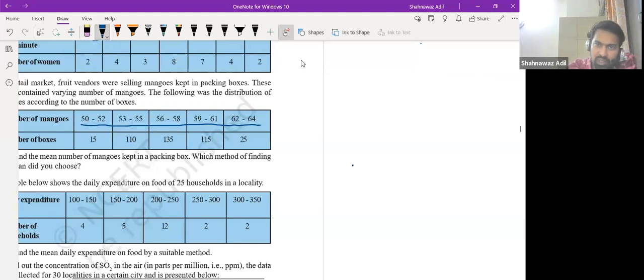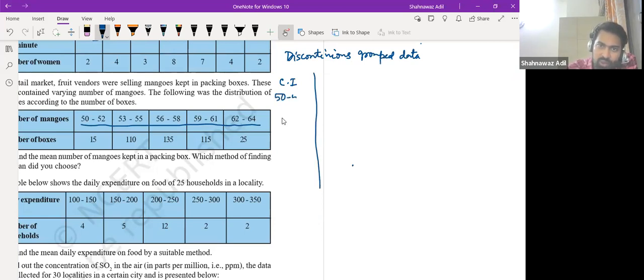So we have a discontinuous data, and this is how it is defined: 50 to 52, 53 to 55, 56 to 58, 59 to 61, and 62 to 64. So this is a discontinuous one, and we have to change it to continuous.